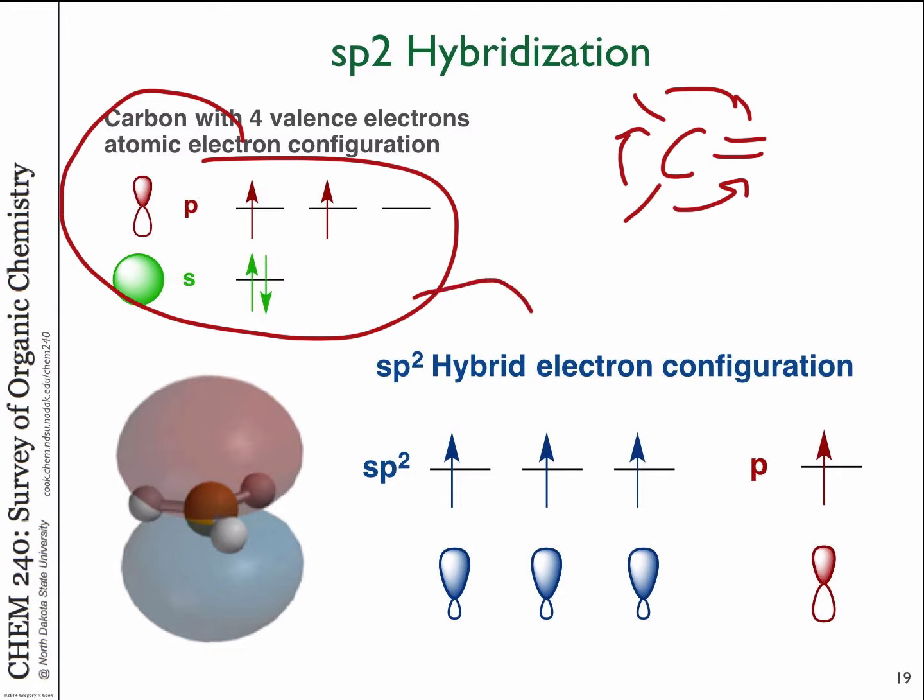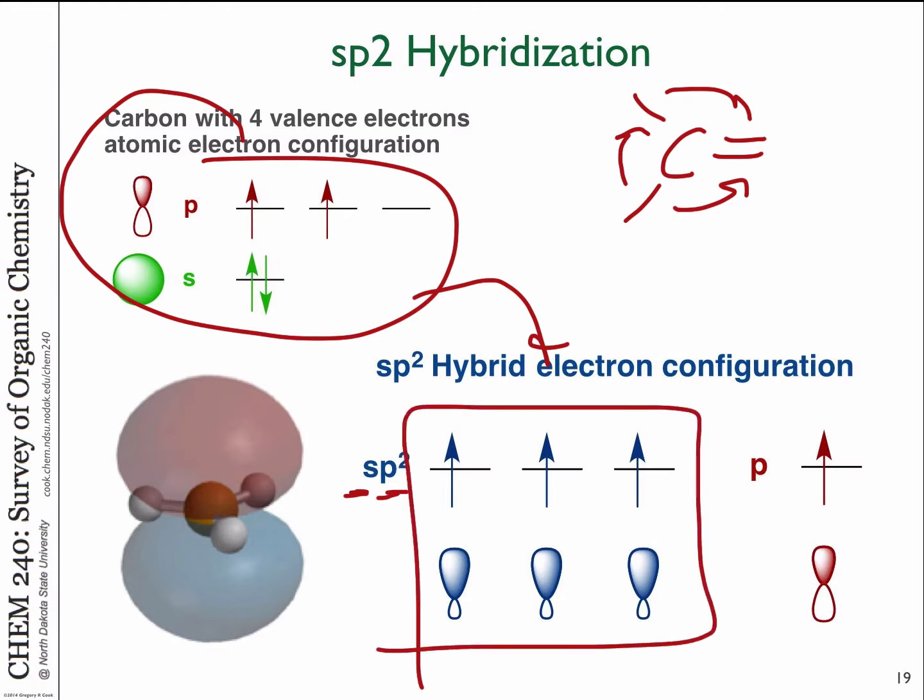And so what it does is it hybridizes with one s and 2 of the p's, sp2, to make 3 equal hybrid orbitals. And then one of the p orbitals is left as a p orbital in the perpendicular direction.